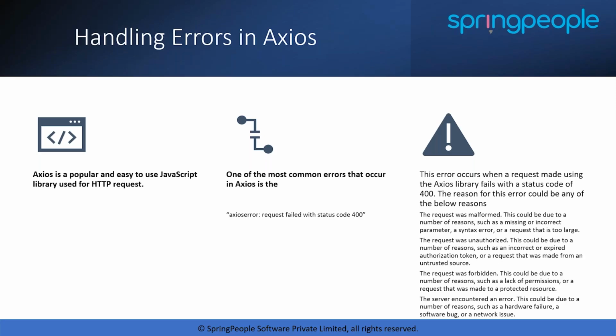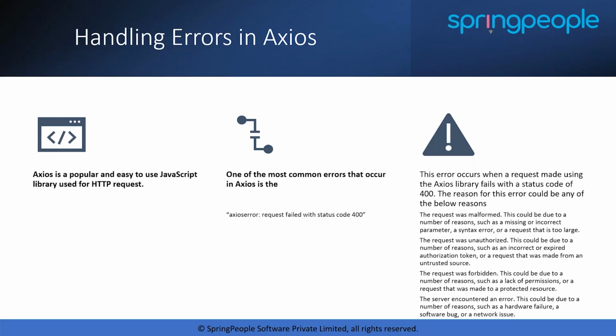Now, in case that person does not have the necessary permissions, then obviously certain API calls cannot be made. That could be one of the reasons when you get this particular Axios error. So again, lack of permissions is one of the reasons. It could be that you're accessing a protected resource, or it could be because there was a server issue. The server may be down due to any number of issues. It could be something as simple as a network failure as well.